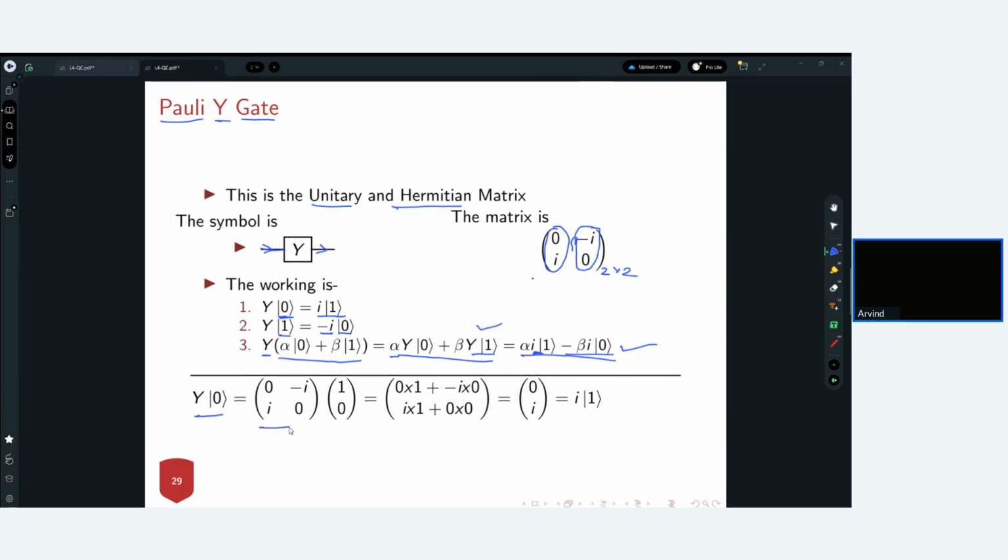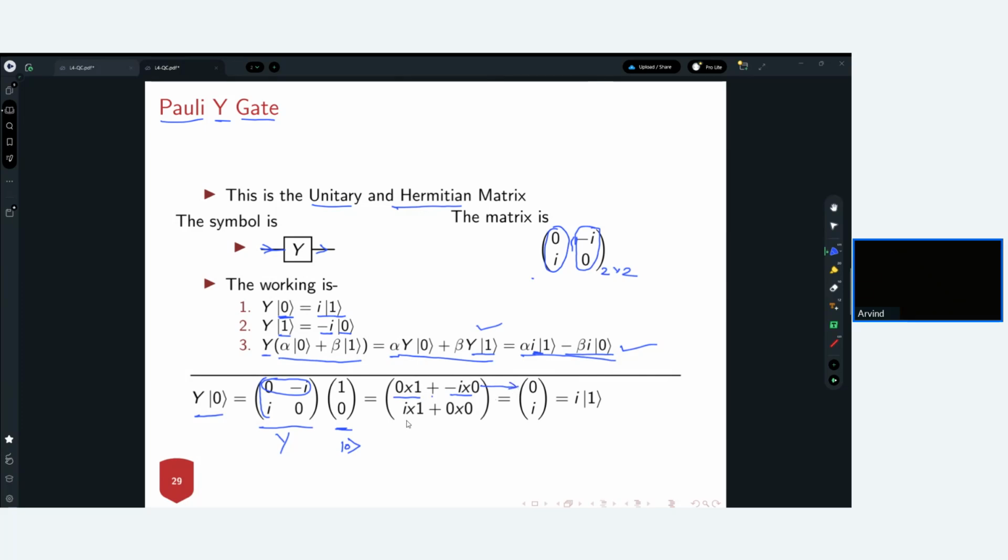This is the Y matrix for the Pauli Y gate, and this is the vector representation of ket 0. If we multiply these two, first multiplying the first row with the column, what we will get is 0 times 1 plus minus i times 0, which is nothing but 0.